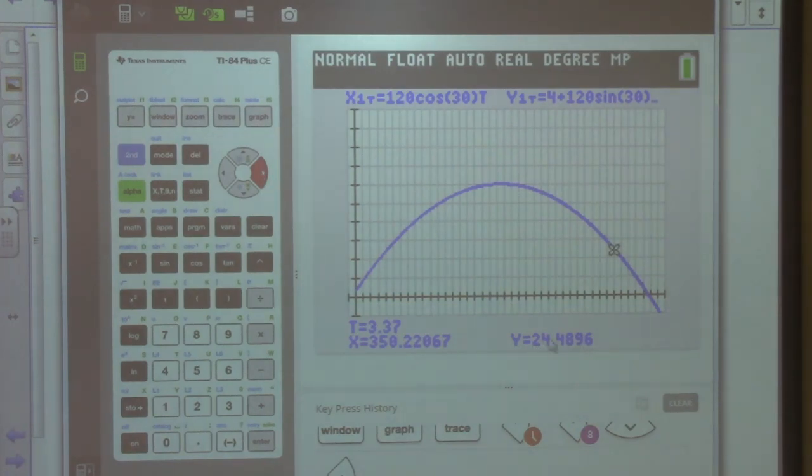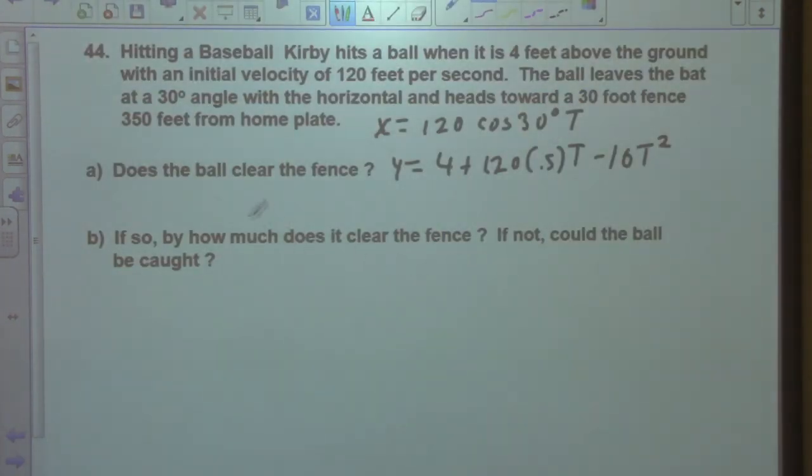So how high are we on the wall there? 24 and a half. 24 feet. That's a 30-foot fence, right? So no. Does the ball clear the fence? Well, no. If not, can the ball be caught? Okay.